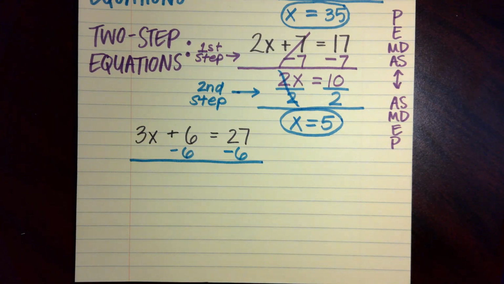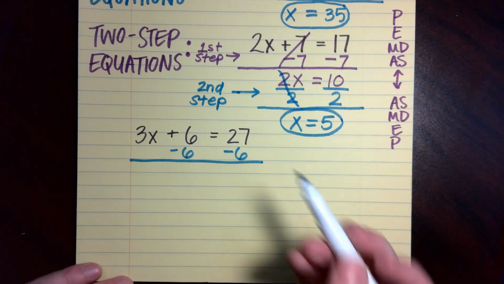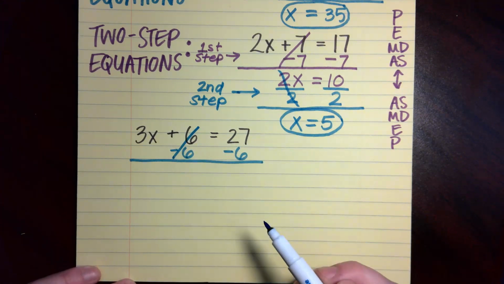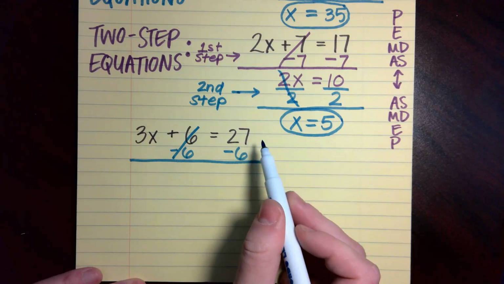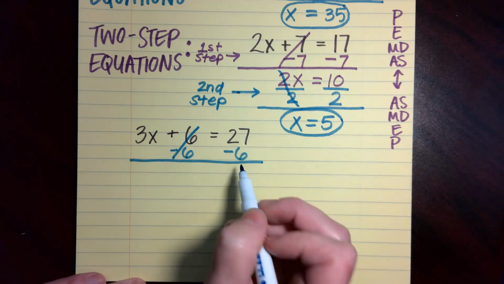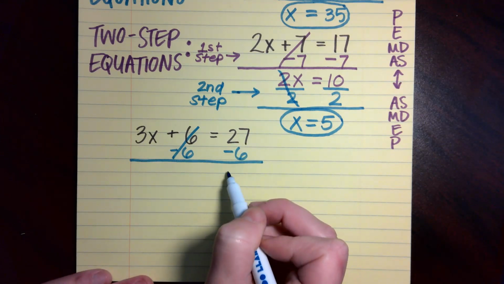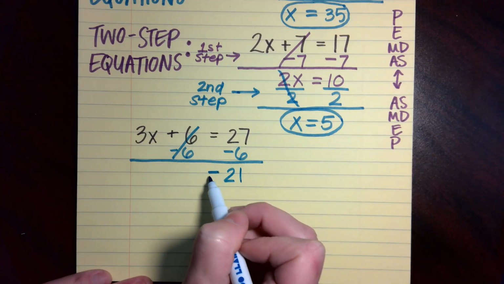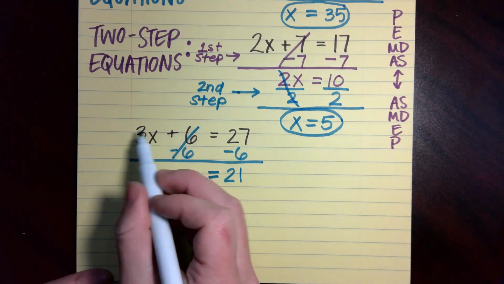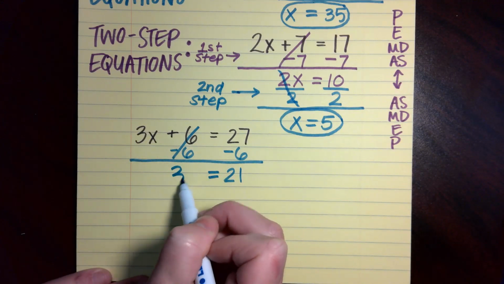All right. Then what do we do? 27 minus, those 6 cancel out. And then what were you saying? 27 minus 6. Yes, 27 minus 6. What is that? 21 equals, then I still have 3x left. So I got to bring that down.